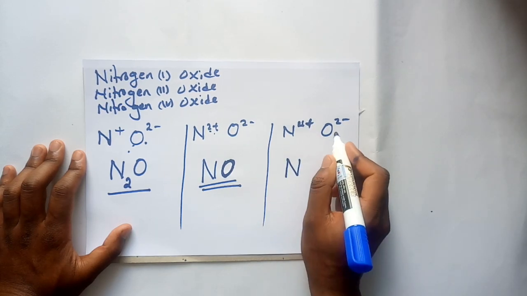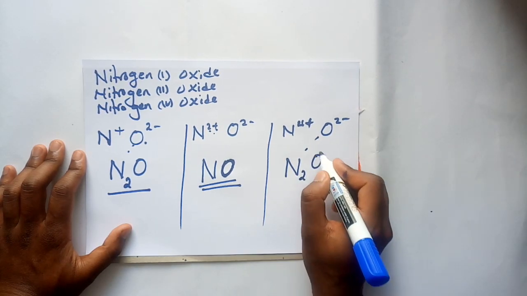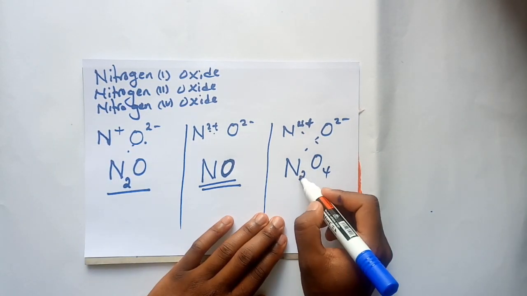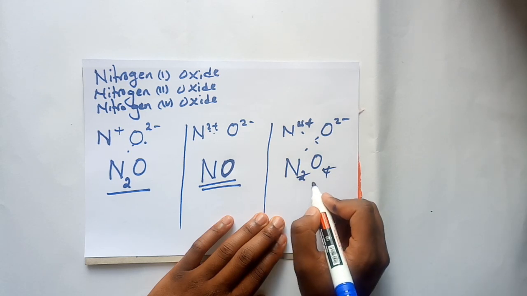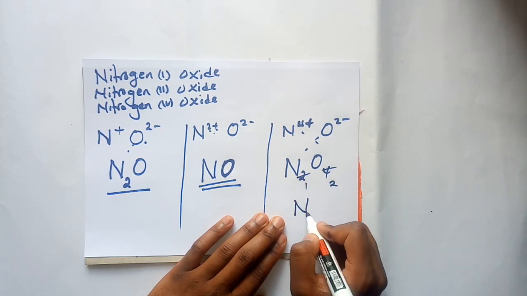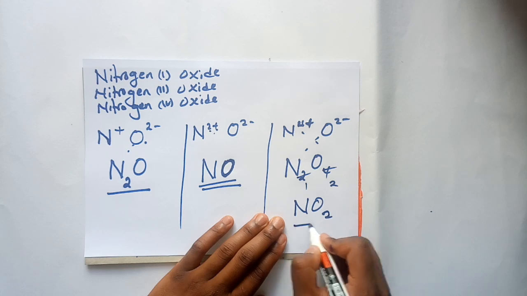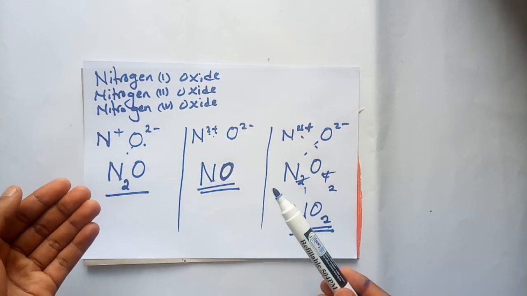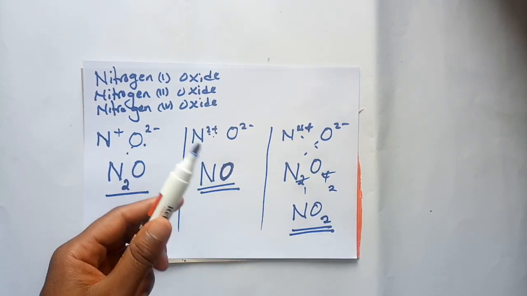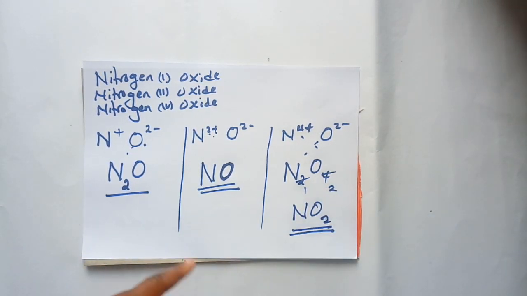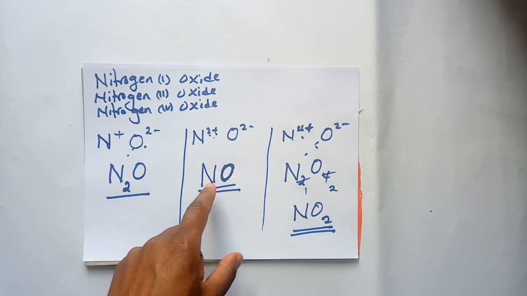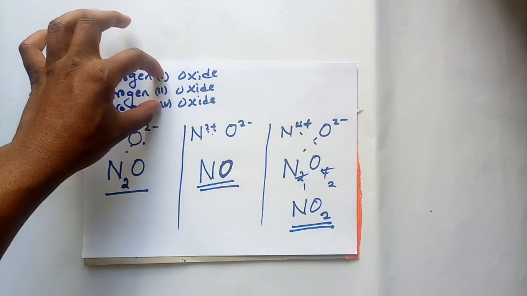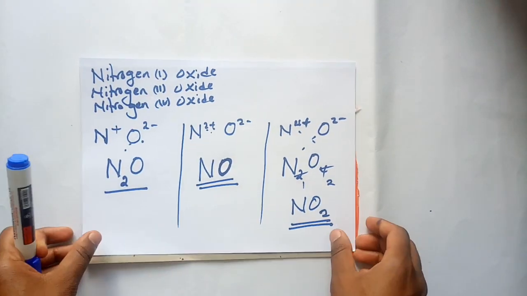Again, you exchange, then cancel out by dividing by 2: 1 and 2, so this is NO2, nitrogen 4 oxide. As I said, if you name from the formula, you might get confused. I have students who will think that this is nitrogen 2 oxide and this one is nitrogen 1 oxide. No, remember this is coming all the way from here, so it becomes easier to do that.